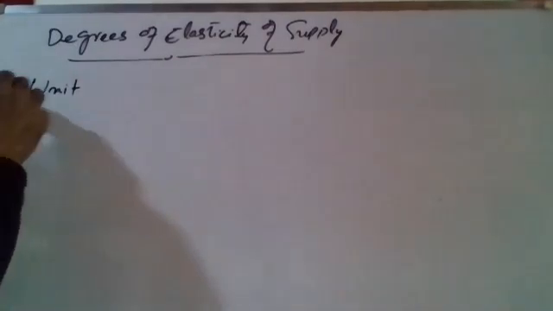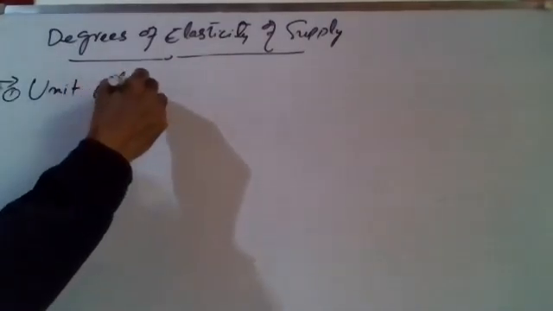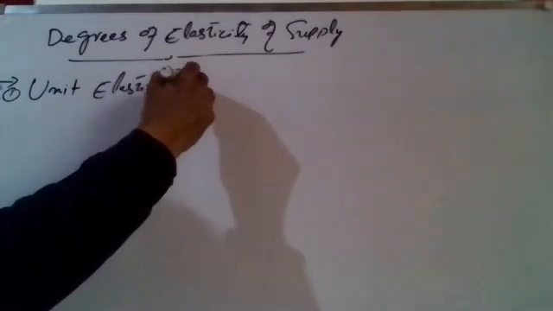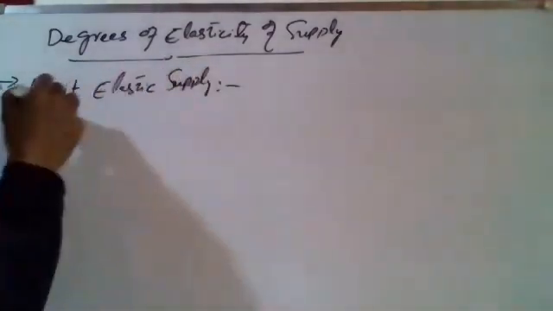First is unit elastic supply. You write down unit elastic supply or unitary elastic supply. So in this degree of supply, we see when a price changes by a given percentage or by a given proportion, the supply changes by the same percentage or by the same proportion as price change.